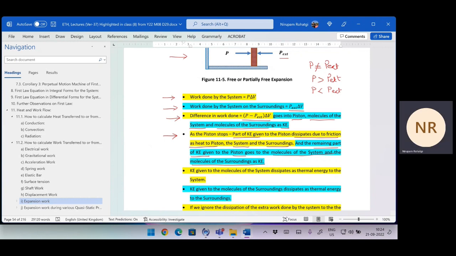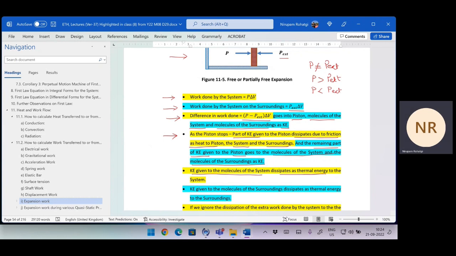Your piston is getting heated up, your molecules are getting accelerated, and the inner molecules are also getting accelerated. So everything is getting energy. That is the surplus work which the system did. Okay. Now what happens to the kinetic energy of the molecules of the system? That dissipates and gets converted to thermal energy. It's something like that.